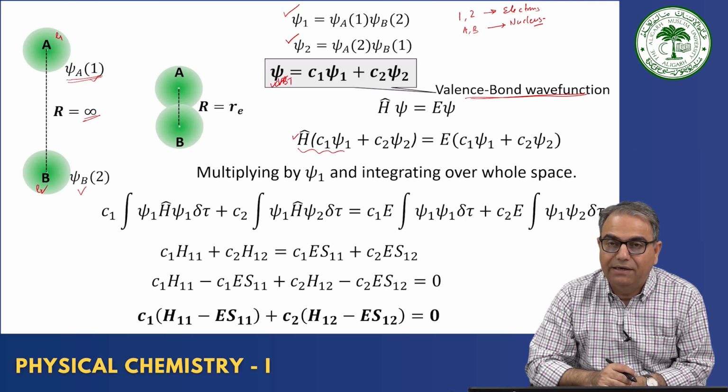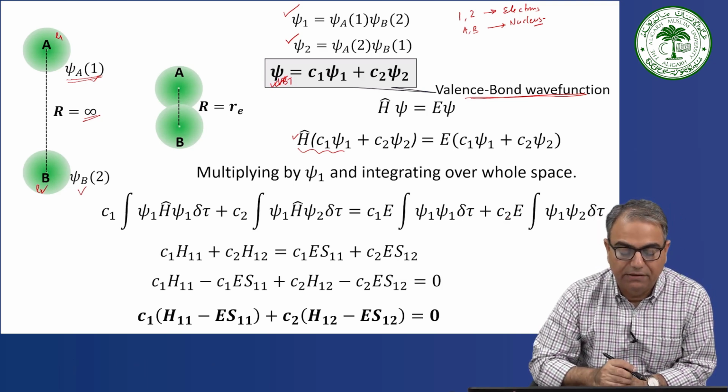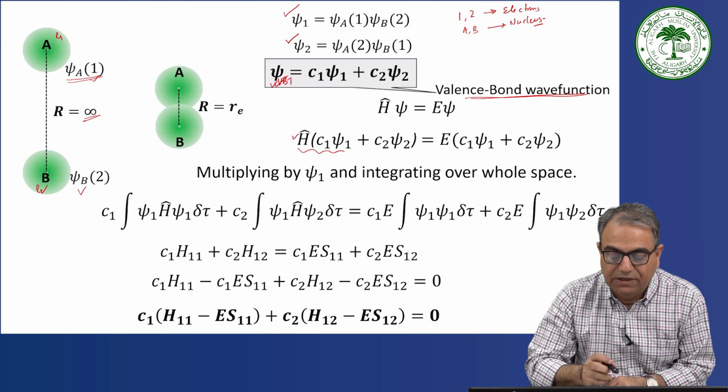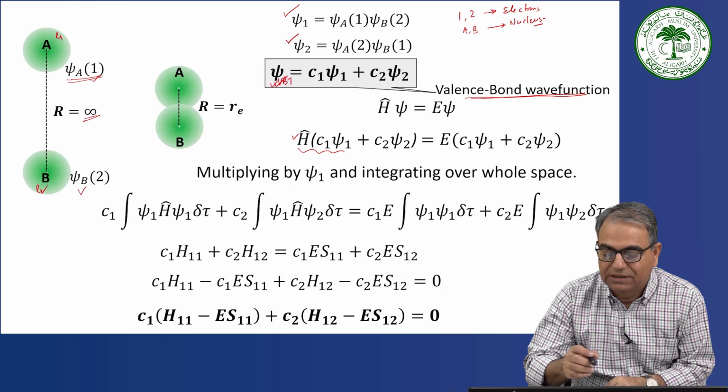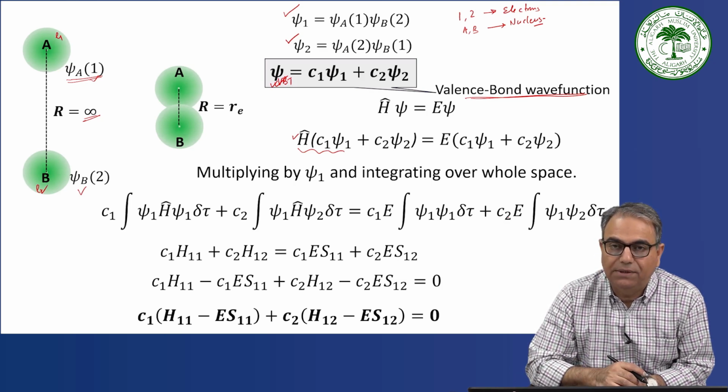Okay. And this you remember, I talked about in the H2 plus molecule ion. Integral of psi 1 H psi 1 d tau is called the Coulomb integral. Integral of psi 1 H psi 2 d tau is called the exchange integral. Integral of psi 1 psi 1 d tau and psi 1 psi 2 d tau is called the overlap integral.